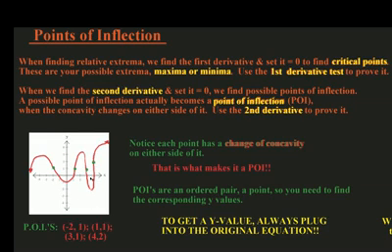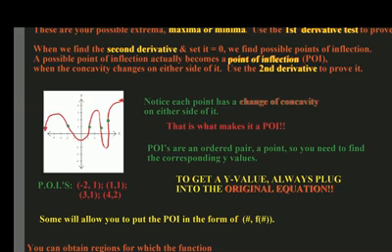If you're not given a function, how do you find that y value? Well, anytime you want a y value, whether it's for the critical points and the maxes or mins, or for these points of inflection, you always go to the original equation. As I mentioned earlier, you should be able to determine concavity by looking at that graph.